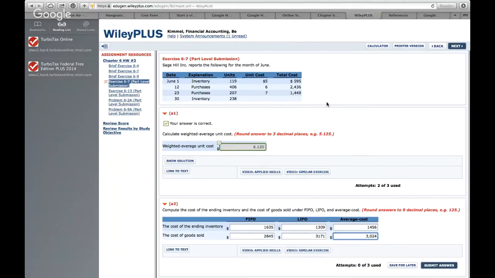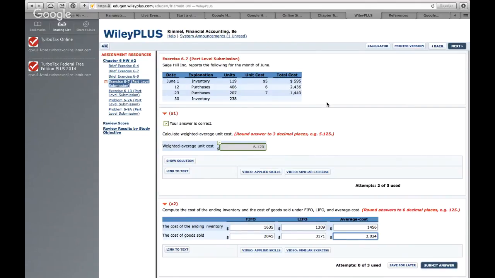Basically, A1 was asking for us to calculate the weighted average unit cost. What I did was I took the units, which was from June 1st through June 23rd: 119, 406, and 207.